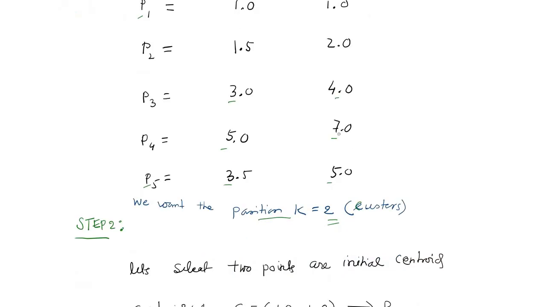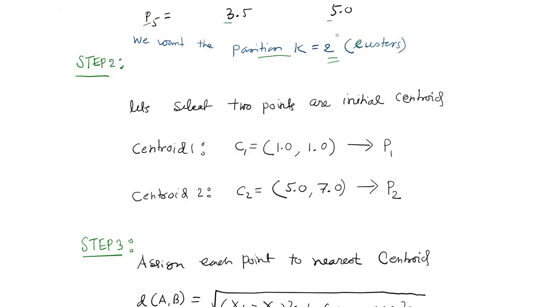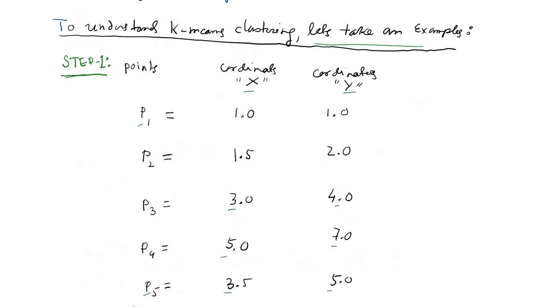Now coming to step 2, since 2 clusters are there, let's select 2 points as initial centroids. We assume the initial centroid C1, that is centroid 1, as 1, 1 for cluster 1, and centroid 2, C2, as 5, 7.